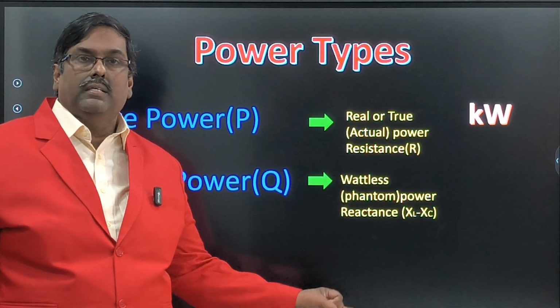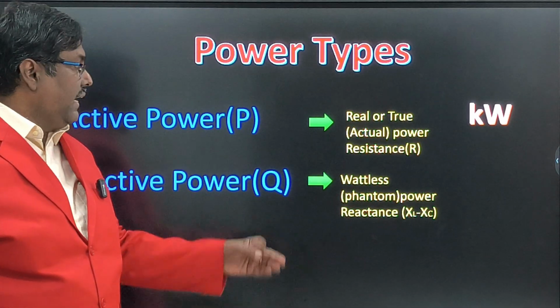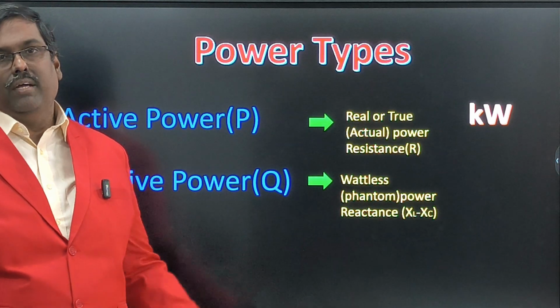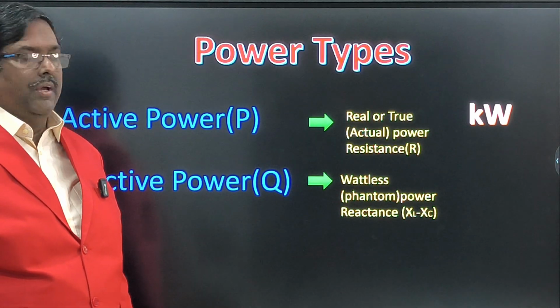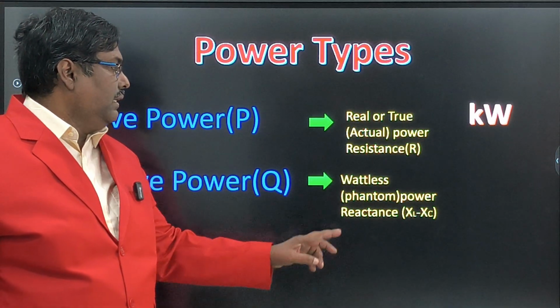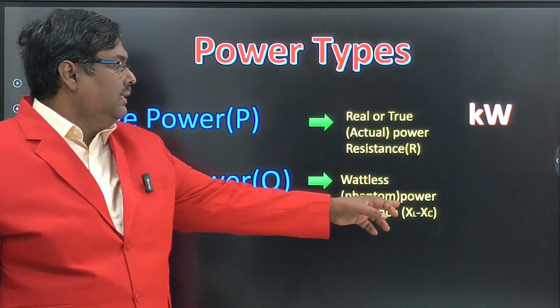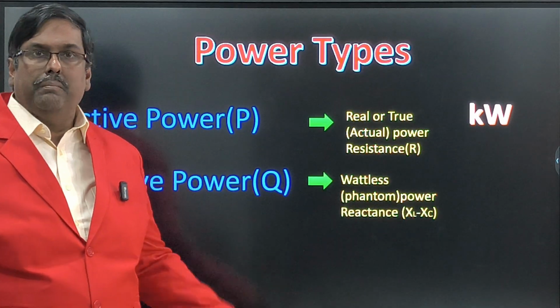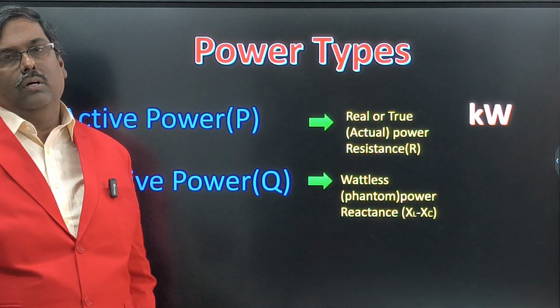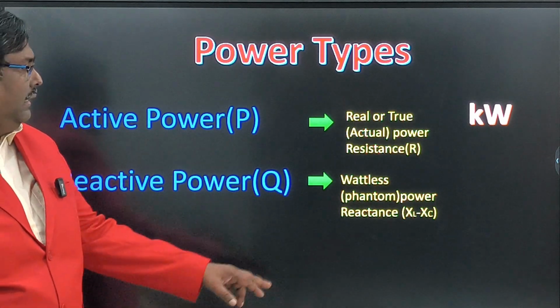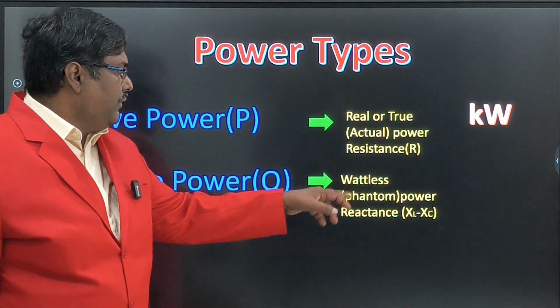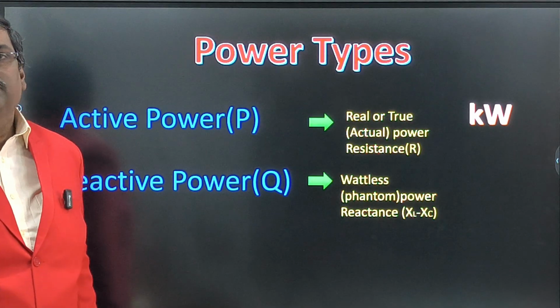Phantom means it is hiding, it is vanishing, it is not showing anywhere, it is missing somewhere. That is why phantom power, and this is due to the reactance. So we have to subtract, and the difference should be the reactance. Maybe it is the minus side or plus side, whatever it is. Okay, so these are the terms we use to call the reactive power.